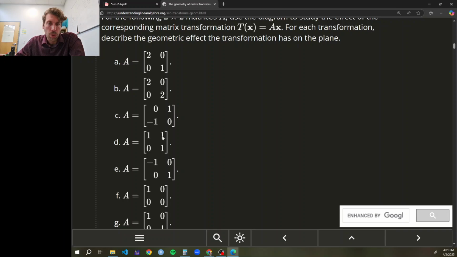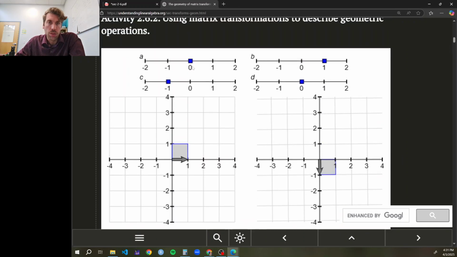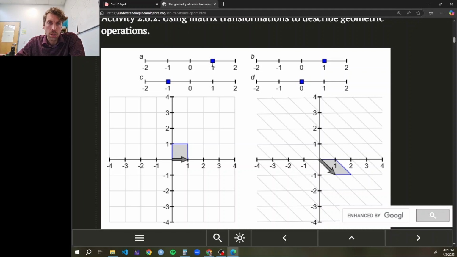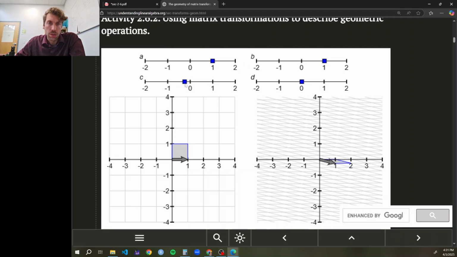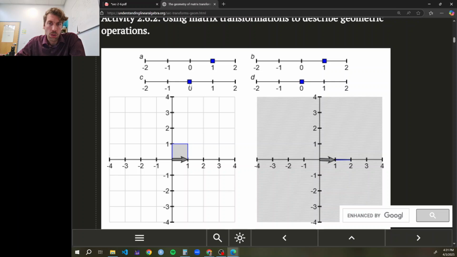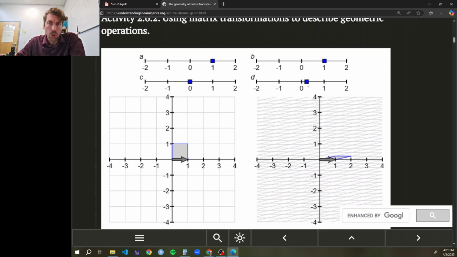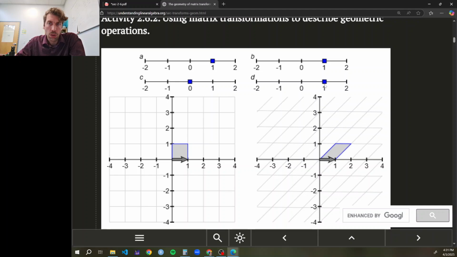All right, now let's do 1, 1, 0, 1. And now this is called a shear. It's a shear because our square has turned into a parallelogram. And the parallelogram still has height 1.